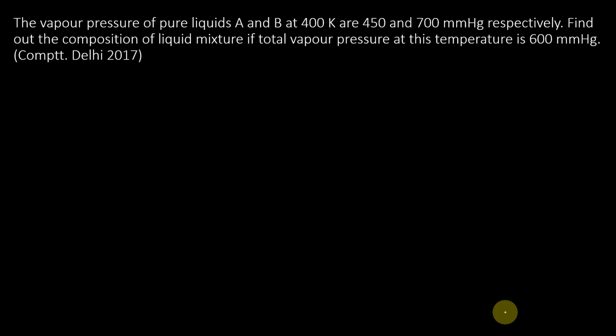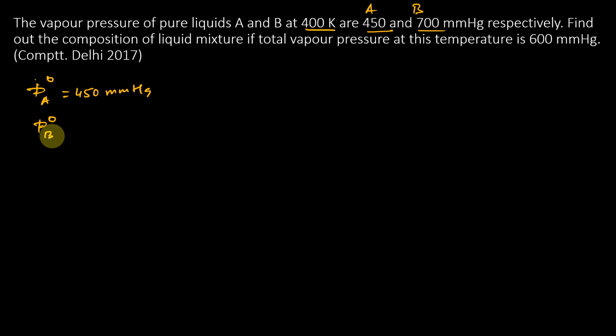The vapor pressure of pure liquids at 400 Kelvin is 450 and 700 millimeter mercury. So what will happen? This is A and this is B, the pressure of A and of B. P naught A is equal to 450 millimeter mercury.